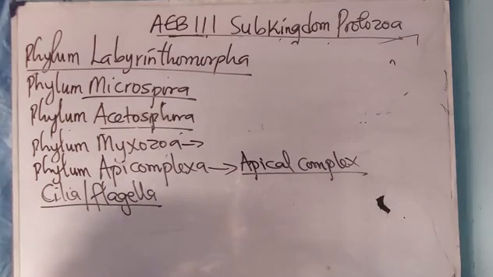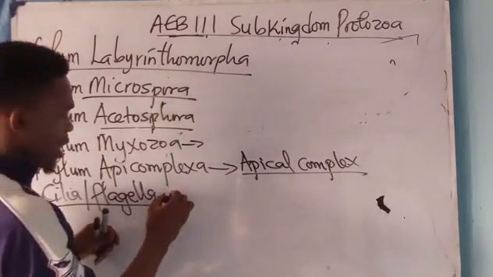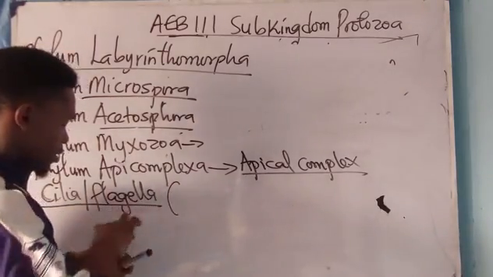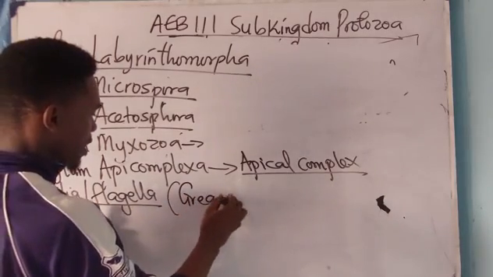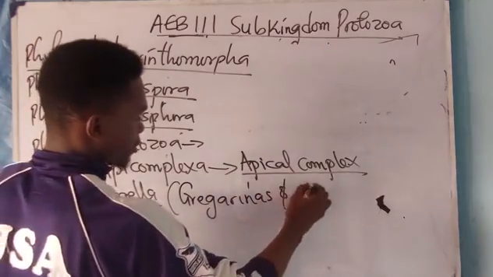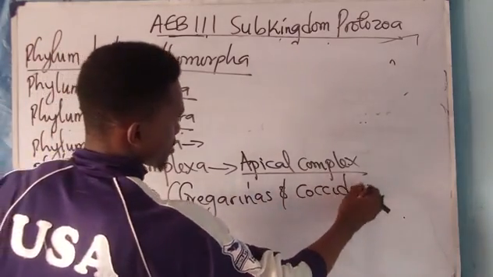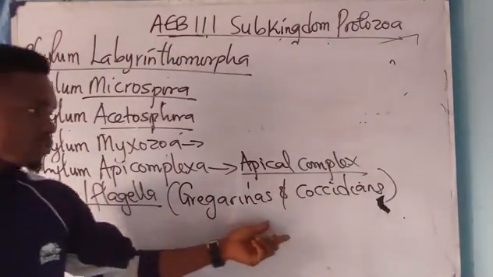The two most common species under Apicomplexa are the Gregarinans and Coccidians. Alright, the Gregarinans and what? Coccidians.